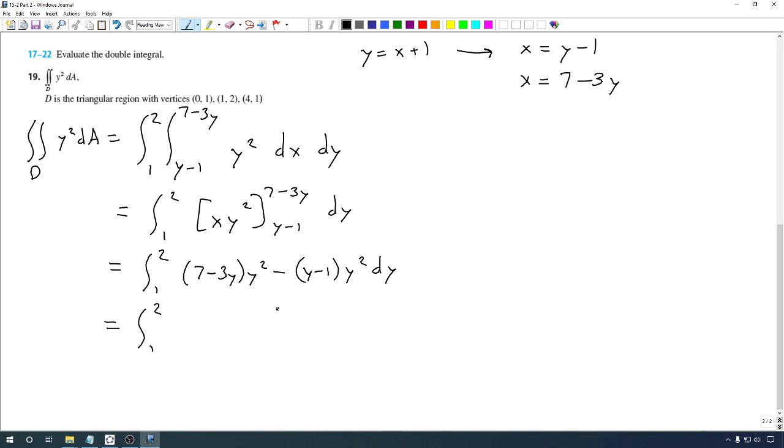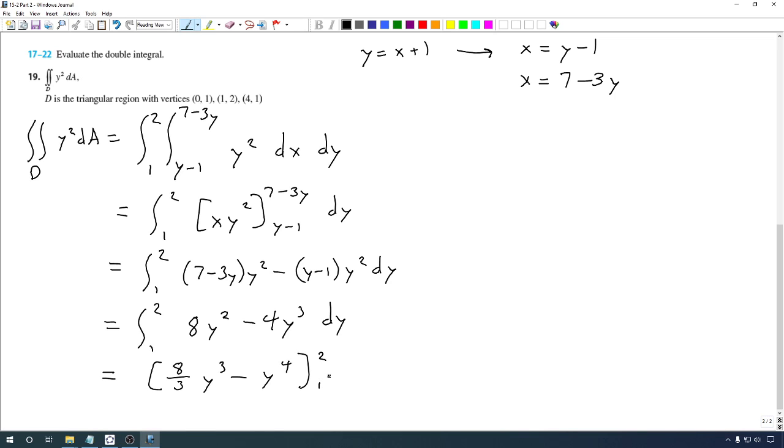Before we integrate with respect to y, let's combine like terms. It turns out we get 8y squared minus 4y cubed. When we integrate that, we get 8 thirds y cubed minus y to the 4th.